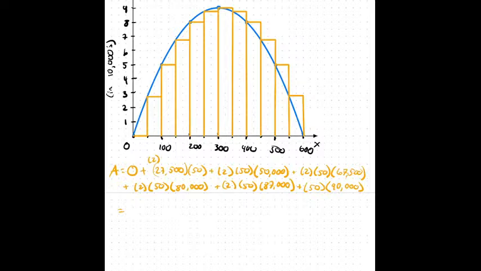Hey Siri, what's 100 times 27,500 plus 100 times 50,000 plus 100 times 67,500 plus 100 times 80,000 plus 100 times 87,500 plus 50 times 90,000? 100 times 27,500 plus 100 times 50,000 plus 100 times 67,500 plus 100 times 80,000 plus 100 times 87,500 plus 50 times 90,000 is 35,750,000.